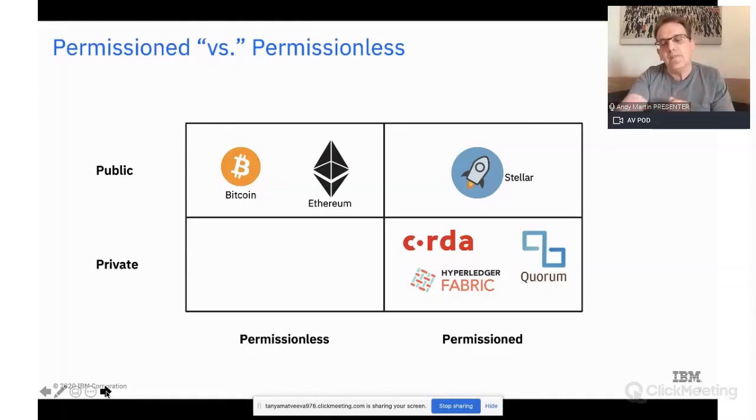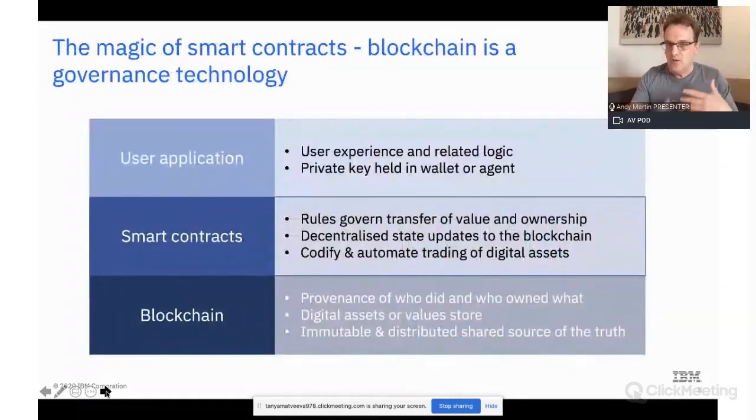Now, the key thing that we've changed with blockchain is decentralization of power and the fact that the marketplace data is now governed by the community rather than one central administrator. So think of blockchain as a governance technology and think of it really as a back-end technology.